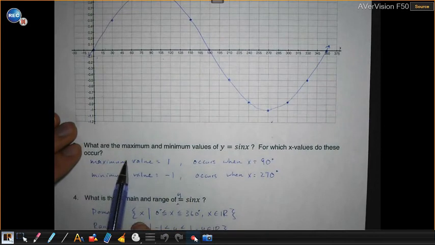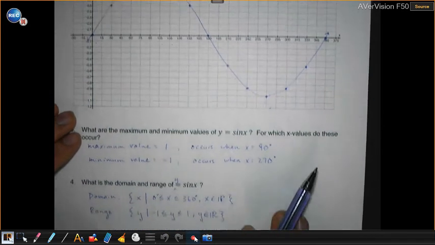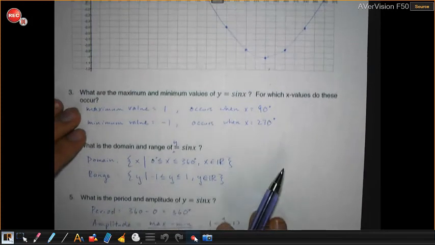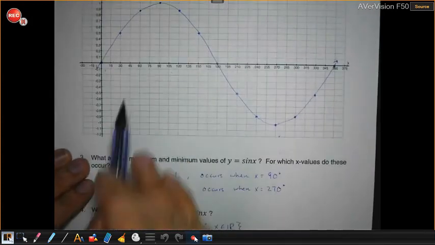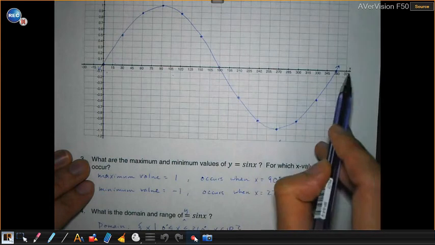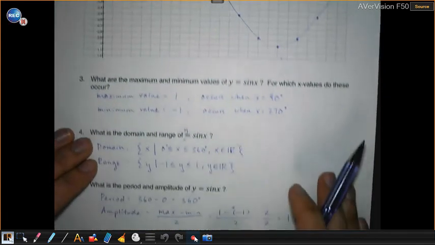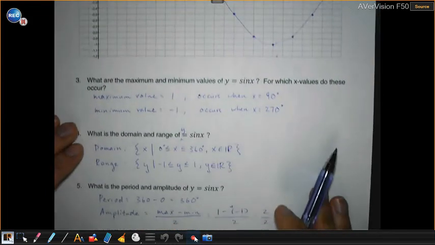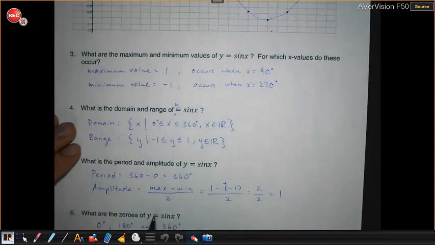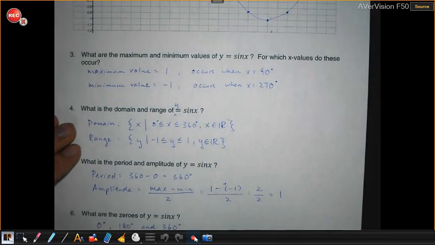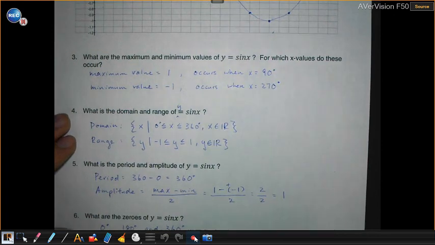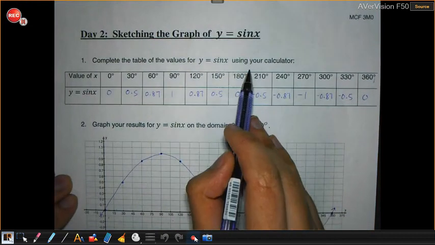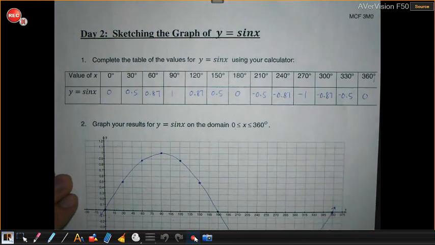We took a look at the max and min, and when they occur, domain and range, the period, which is the length of one cycle, where we subtract the two x values at the end of the cycle, and the amplitude, half the distance between the max and min, which was 1, and then we also stated the x-intercepts. Starting tomorrow, we'll be looking at the transformations of this basic sine curve. And that's the lesson for today.